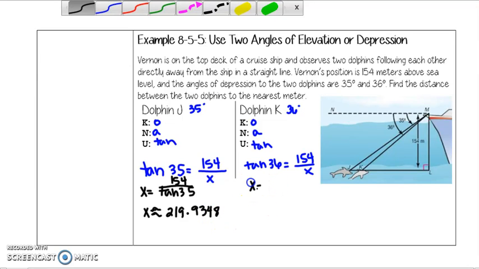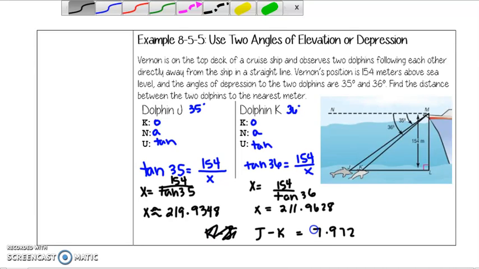Dividing 154 by tangent 36 gives us 211.9628. Then we subtract, j minus k, so we don't have a negative. It's 7.972 meters, their distance apart from each other.